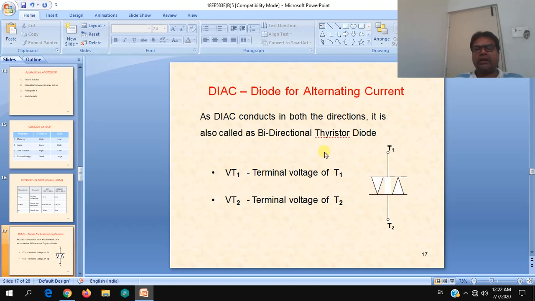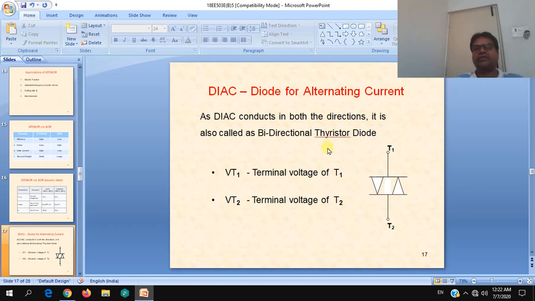When alternating current is there, a single diode cannot be used. You have to utilize one diode each for both half cycles.